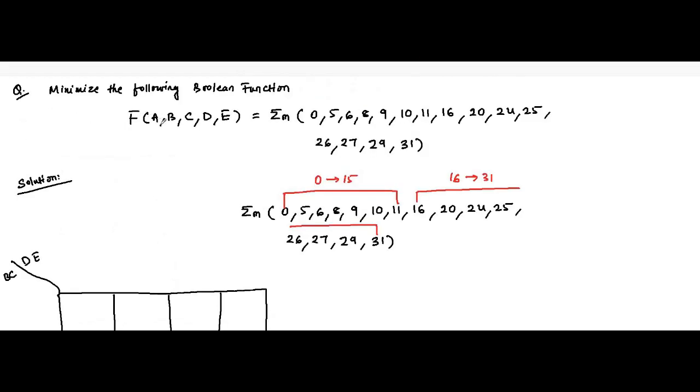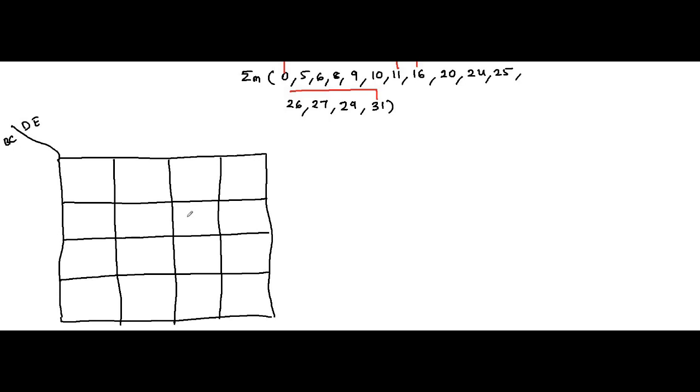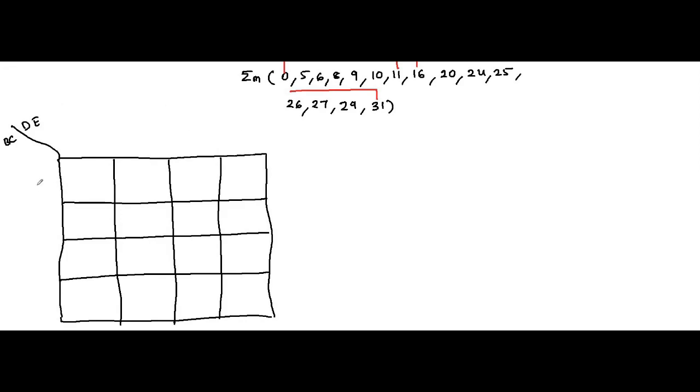So we'll keep BC and DE, taking A, the first MSB variable, we'll divide it into two parts where we have first A equals to 0, that is A bar, and then the second A equals to 1. So we have 0 0, 0 1, 1 1, 1 0, 0 0, 0 1, 1 1, 1 0.